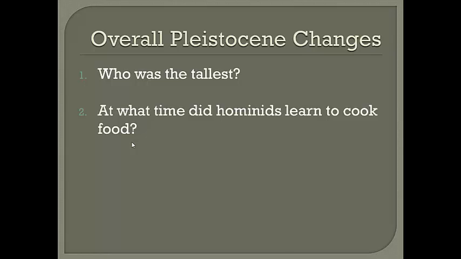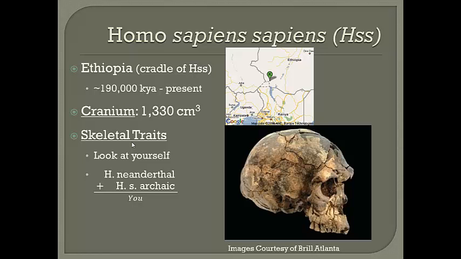Final stretch. So then you have us, true us's, Homo sapiens sapiens. We came about in Ethiopia just under 200,000 years ago. Our skull has not changed very much since then, peaking about 20,000 years ago and then slightly reducing since. For skeletal features, look at your own body, because really these guys are you and you are them.